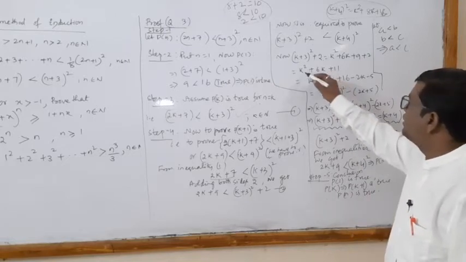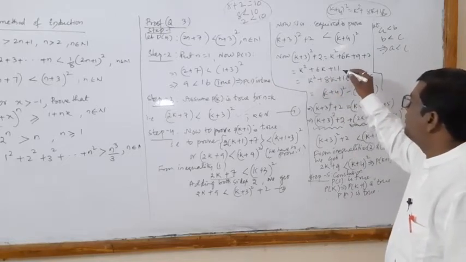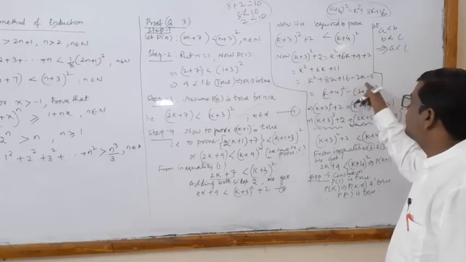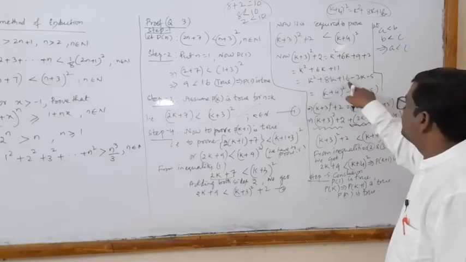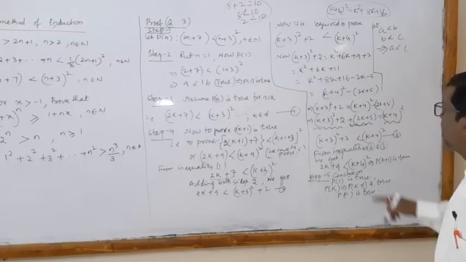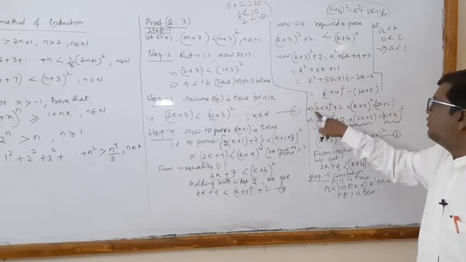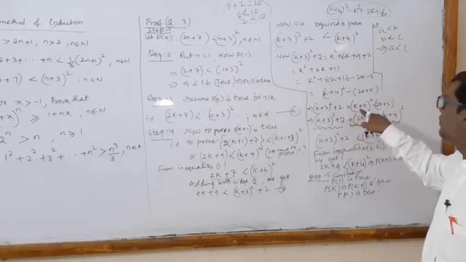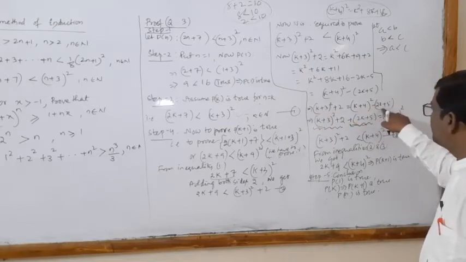So this is k square plus 6k plus 1. Here we can write plus 2k minus 2k, that is 11, 16 minus 5. So (k plus 4) whole square minus (2k plus 5). Now (k plus 3) whole square plus 2 is equal to (k plus 4) whole square minus (2k plus 5).